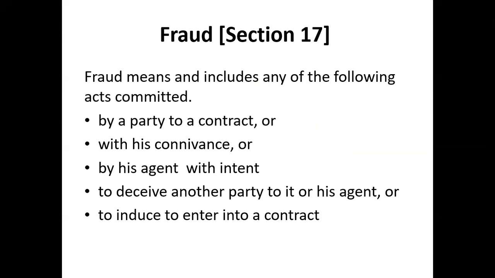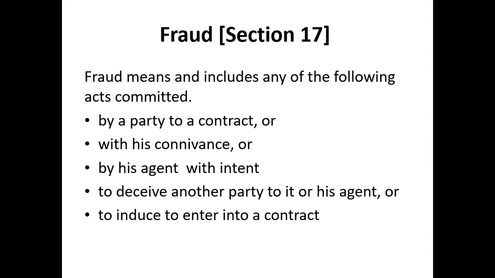It means the party itself performs a fraud, or with his connivance, which means a willingness to allow or be secretly involved in an immoral or illegal act, or by his agent with intent to deceive another party to it or his agent, or to induce him to enter into a contract.